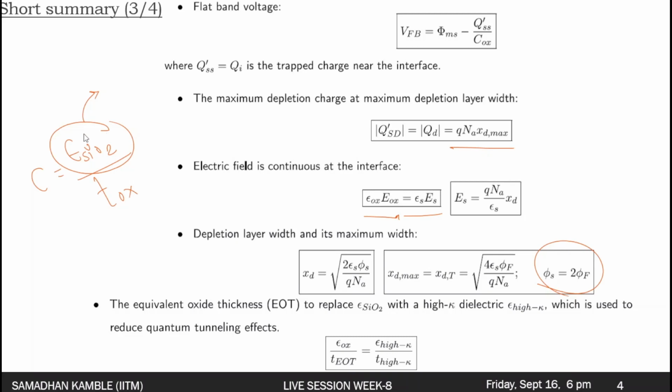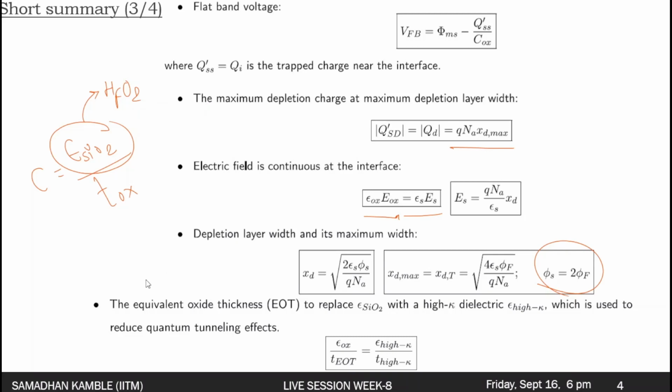So people have used different oxide materials, some call it HfO2, which has a higher dielectric constant than silicon dioxide. So the capacitance can be increased not only by decreasing the thickness, but also by increasing the dielectric constant of our oxide.